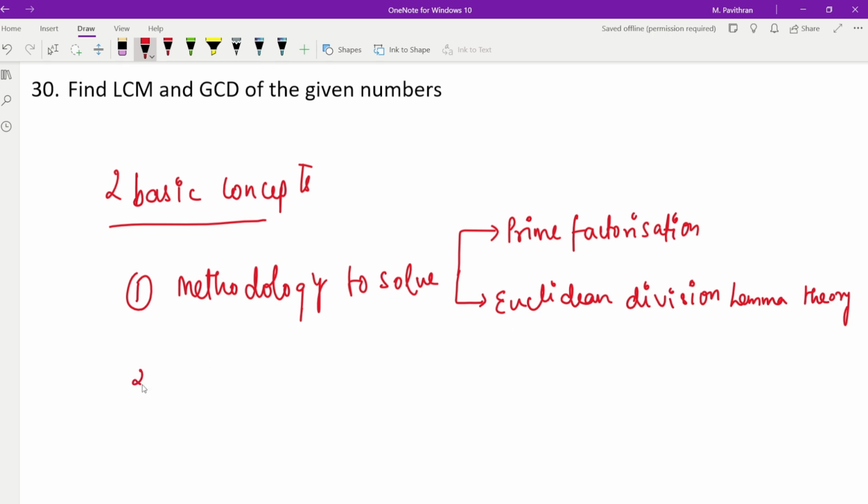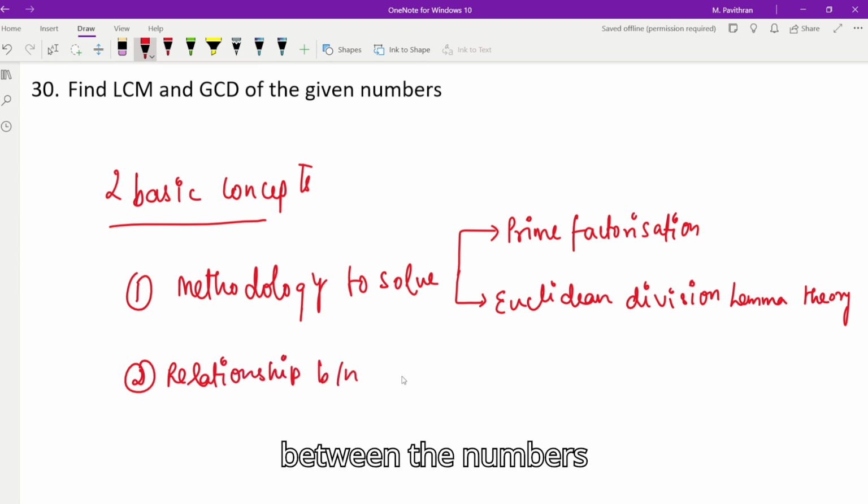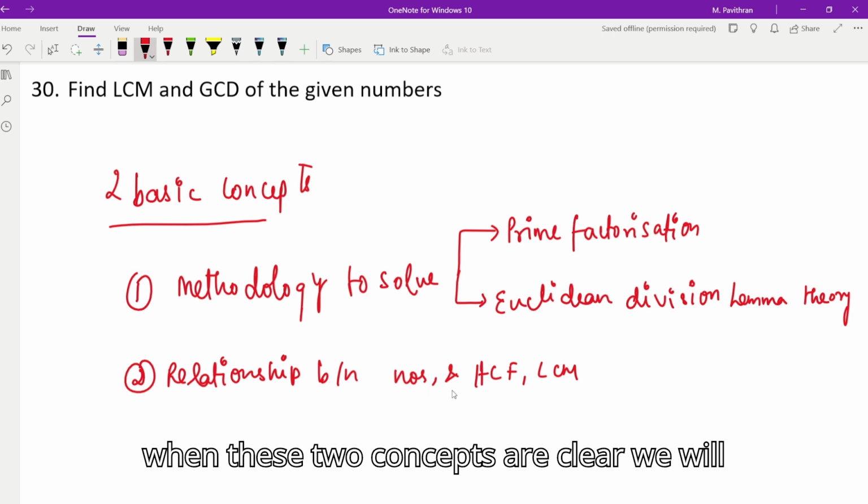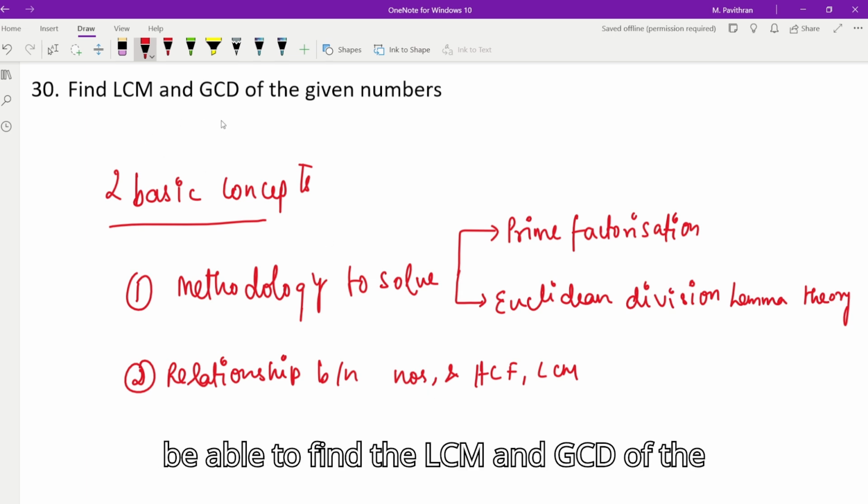The second would be the relationship between the numbers and HCF, LCM, right?